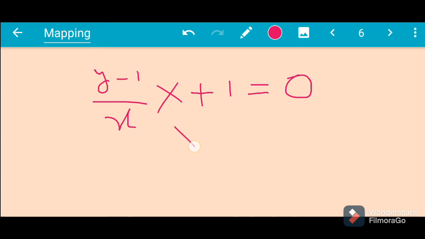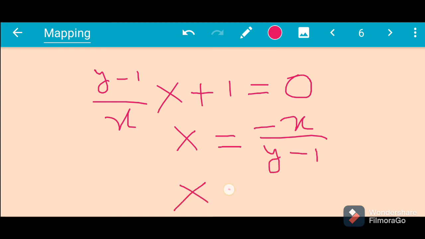So X is equal to minus x divided by (y minus 1). So capital X is equal to x divided by (1 minus y). This means (x, y) maps to the real number capital X.